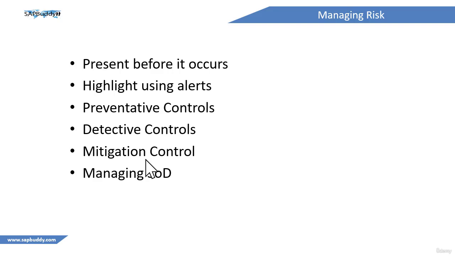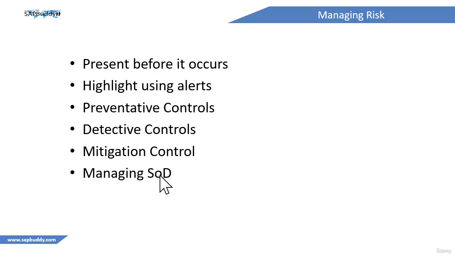Let's take an example. In access control, all your controls are preventative controls, meaning you prevent it before it happens. Let's say you have segregation of duties. Based on the preventative controls, you don't allow SOD violations for any users. However, in a particular business scenario, a user in a remote location is trying to do two different job roles, or two different activities in your SAP system, which creates a SOD conflict.